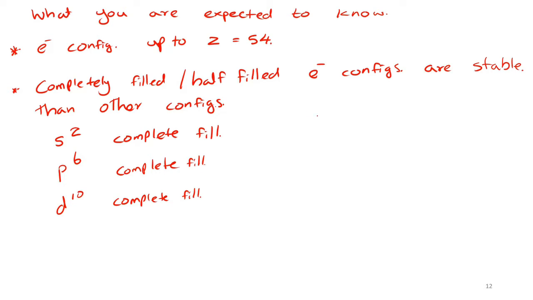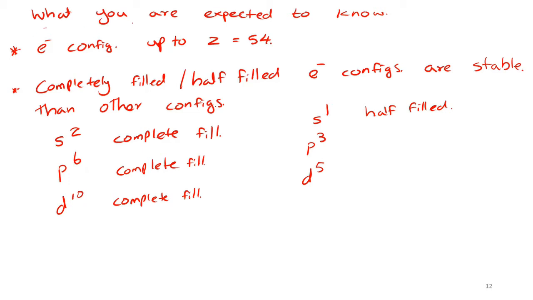If you have things like s1 or p3, d5, these are half filled. So these types of configurations are going to bring in some sort of stability.